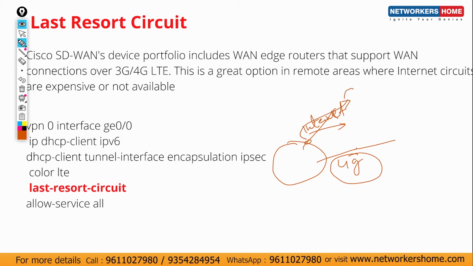What if this goes down? The easiest method is to configure the 4G as last resort circuit. Let's say you have MPLS also, so depending on your policy, from internet it will go to MPLS, and if MPLS is also down, then only this circuit is going to be used. So you look at it, very complex features with very simple commands. You can actually achieve a lot with these features.